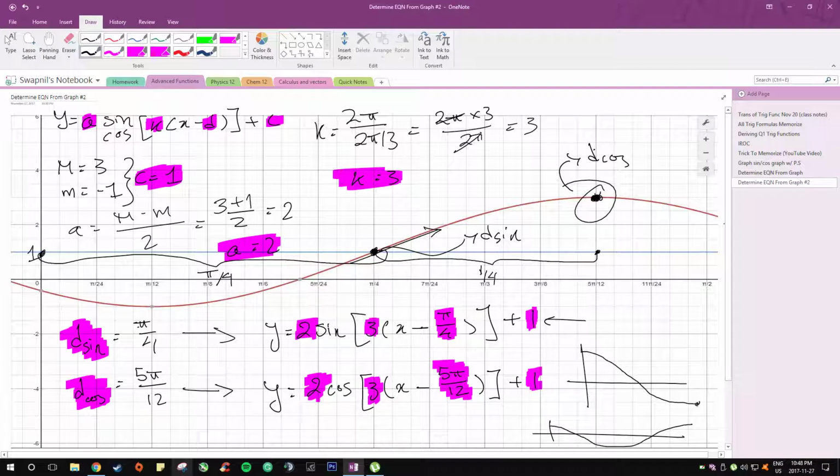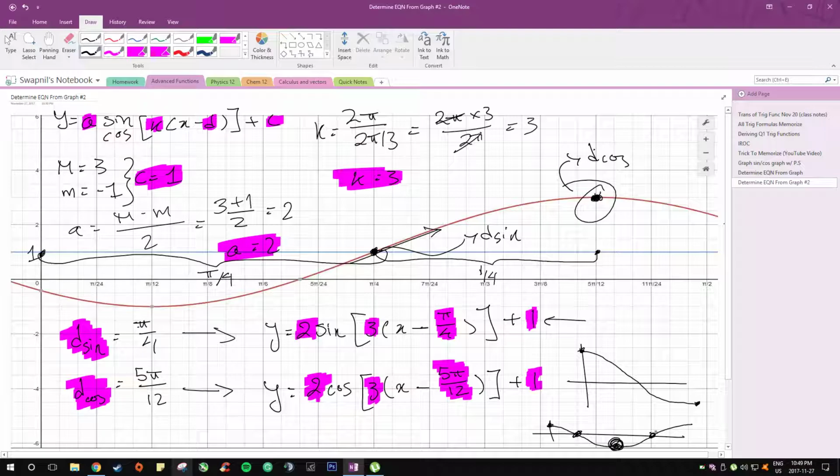So if you're given these 2 points, and I'll make a video on this, you know that they correspond to these 2 points. That's half the period, multiplied by 2, and that's the whole period. But if that's half the period, divided by 2, you get how much it's going by, and whatever that value is, add it to this value, and you'd get the point somewhere over here, yeah?